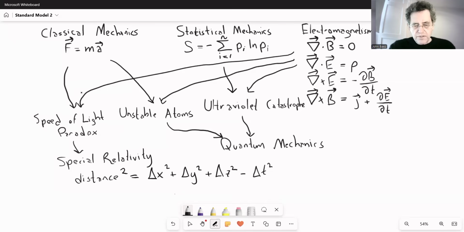Well, this is so different than the old idea of distance. For example, it can be negative, so we don't even want to call it distance anymore. It's something like distance, and it just is distance when the change in time is 0, but it's something more general. A common name for it is interval rather than distance. The idea of special relativity is that space and time are a unified whole.